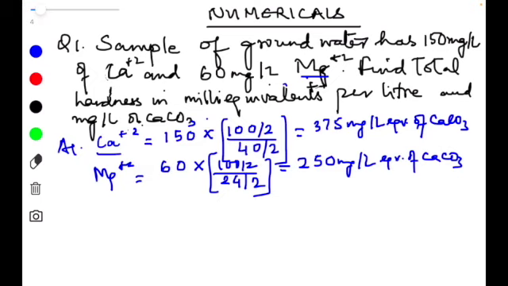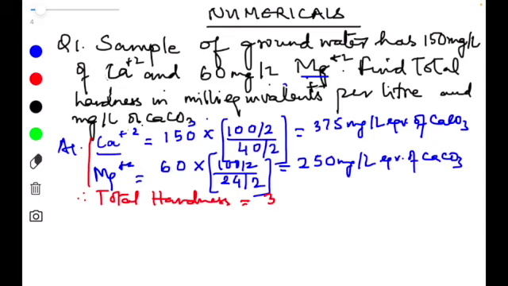Okay, so let's see what is the hardness now. Because there is no other ion or salt given over here in this question, definitely anything that comes out will be the sum of these two only. So therefore, my total hardness will be equal to what? Will be the summation of these two ions' hardness that we have got.